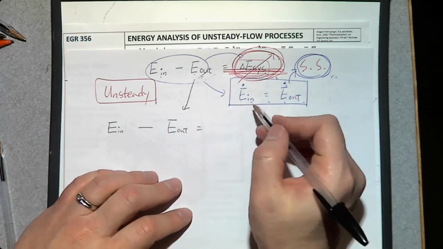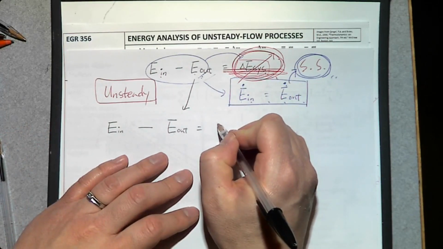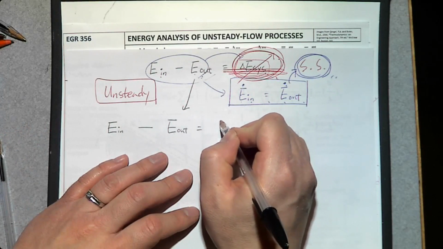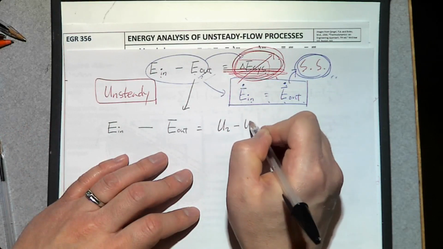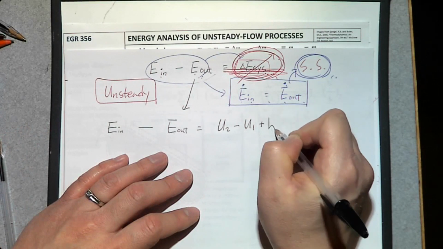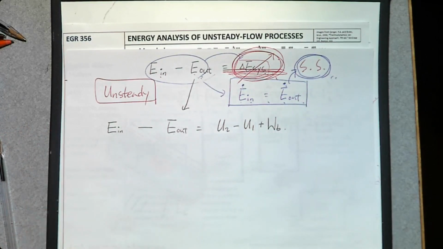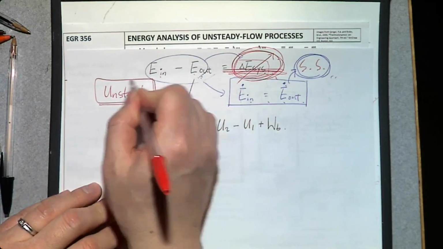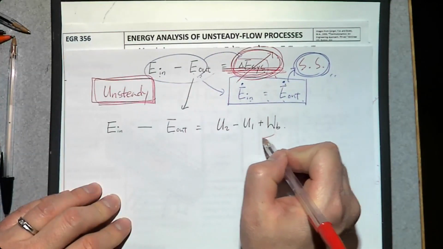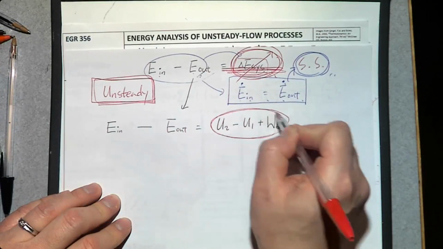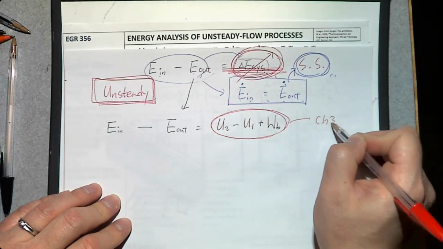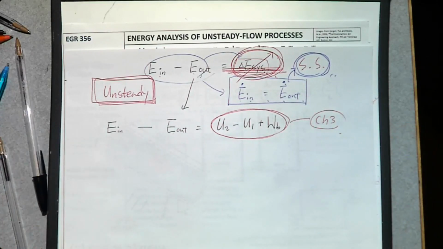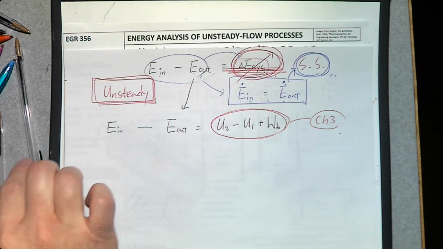The right-hand side of the energy balance equation we studied in chapter 3 was U2 minus U1 plus moving boundary work, the change of energy of a system. Since we have an unsteady open system, we are going to use the same right-hand side as chapter 3. The left-hand side is the same as the previous chapter 4 materials.